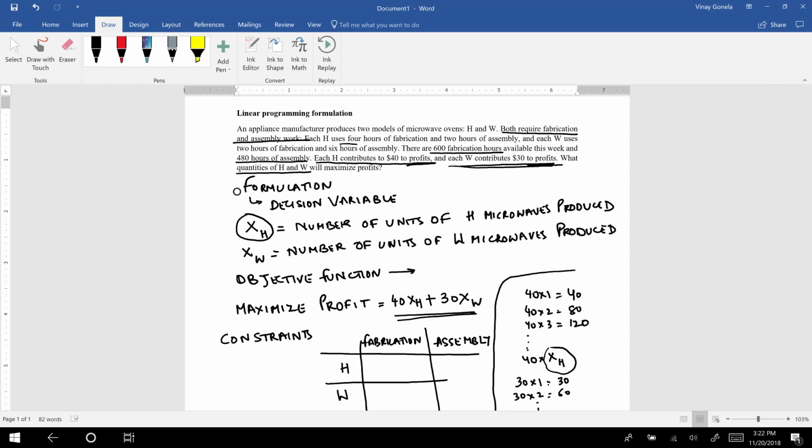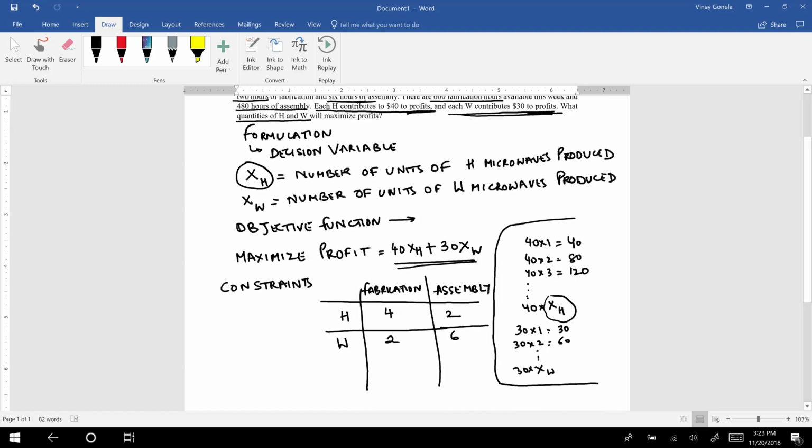Each H uses 4 hours of fabrication and 2 hours of assembly. And then each W uses 2 hours of fabrication and 6 hours of assembly.